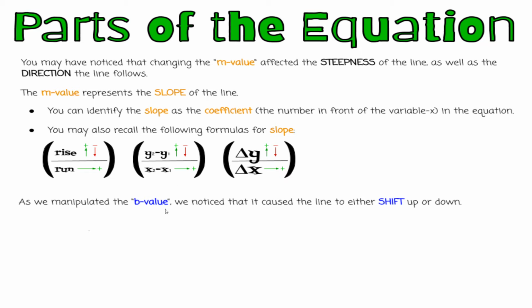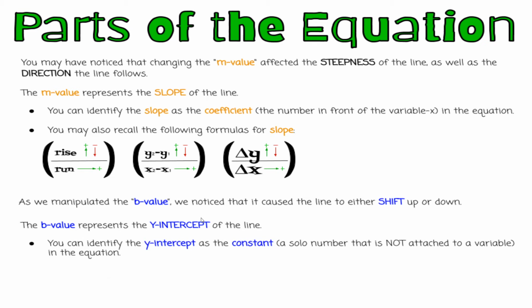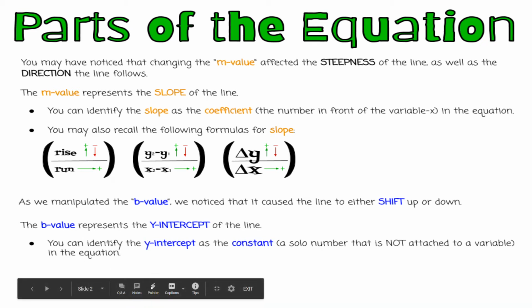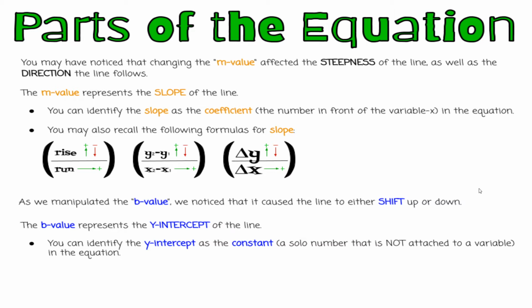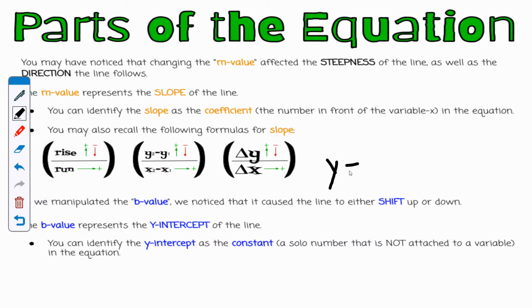Now, we did manipulate our b value, and we noticed that it caused the line to either shift up or shift down. The reason for that is the b value is actually our y-intercept. You can identify the y-intercept as the constant, kind of like I had shown you in this equation, y equals 5, and that's the slope, x.